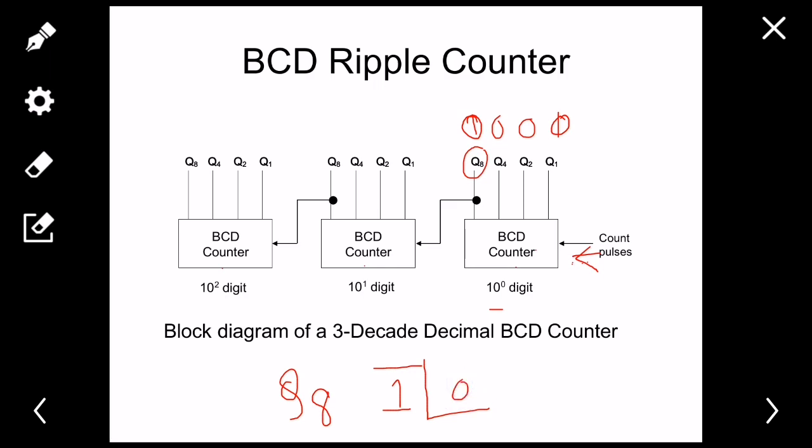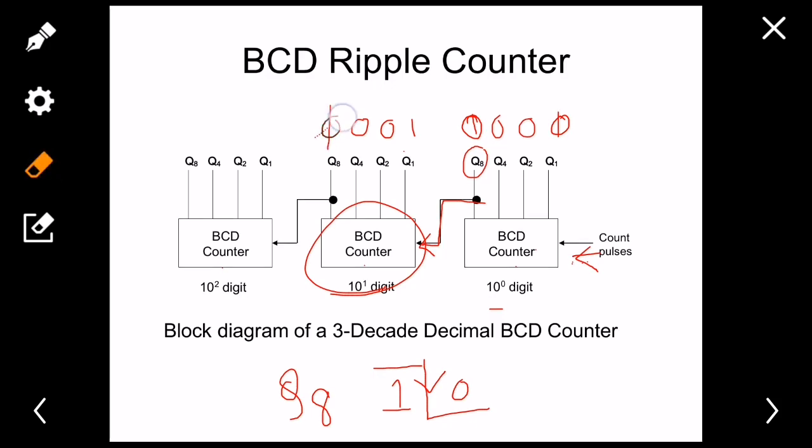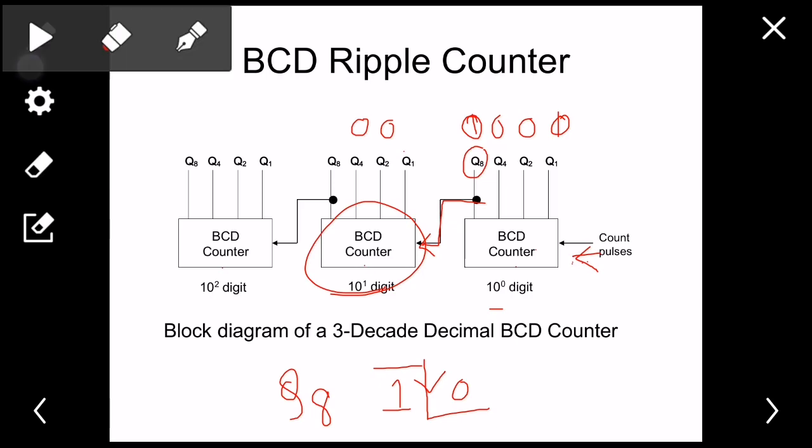So you get a negative edge at Q8, and this serves as a clock pulse for the next BCD counter. That means the reading at this counter will be something like this, and a similar thing will happen after 1, then 2, 3, 4, 5, 6, 7, 8, 9, and then again back to 0.